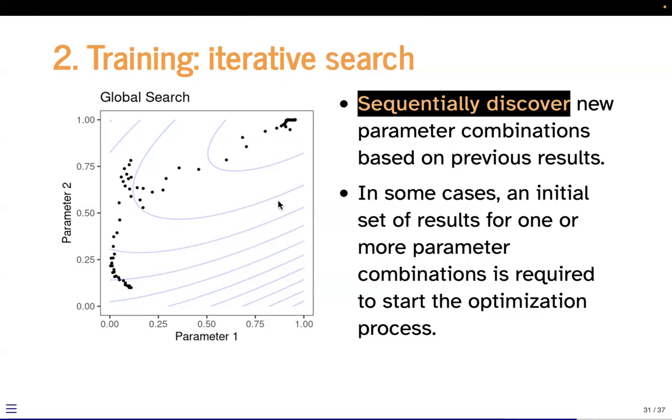It has no combination of parameter 1 or 2 in this space here, whereas it was going through the highest performance until it landed on the top right, which is the values of parameter 1 and 2 that optimize a given metric. Could be R-squared, could be RMSE or other. So those are a couple different types of how we can do that search.